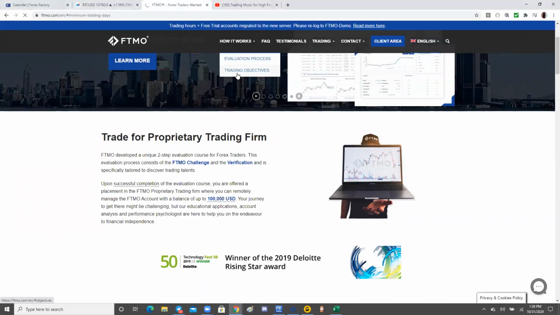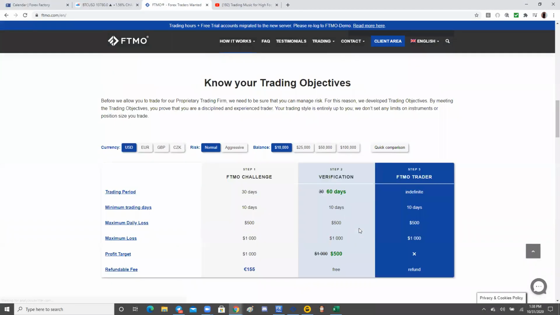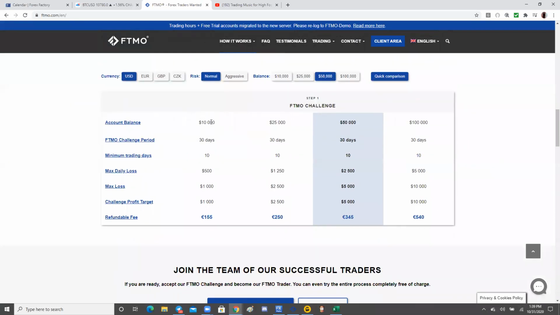So let's go back to the trading objectives. Quick comparison. We've got the $10,000 account. Now we have the $25,000 account. If you want a $25,000 account, you pay about two something in US dollars. Your profit target with $25,000 is to make $2,500.